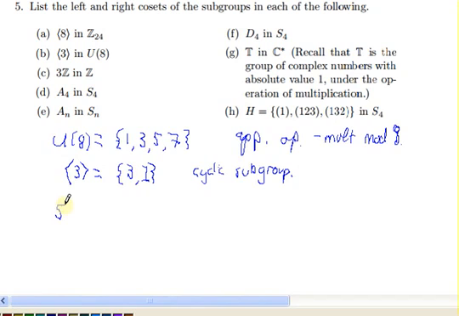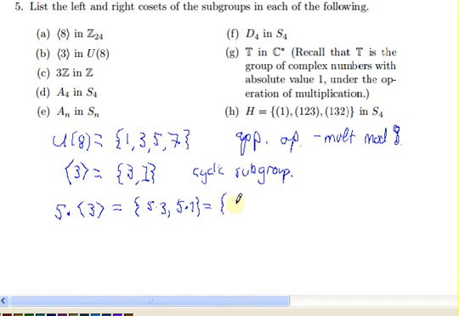If I take the element 5 and multiply it by every element in this cyclic subgroup, I'll write that this way: 5 times angle brackets 3. If I do that, then I'll get 5 times 3, and again, this is multiplication mod 8, and I'll get 5 times 1.